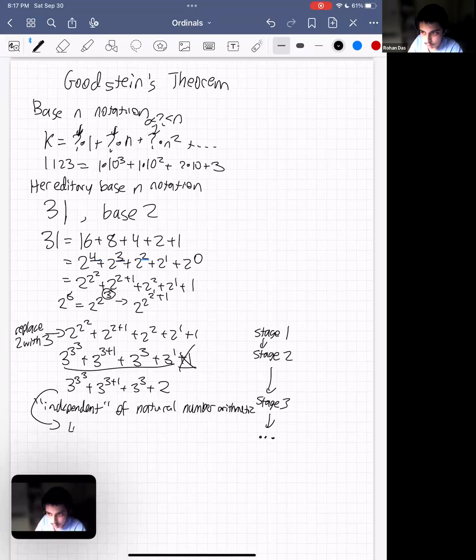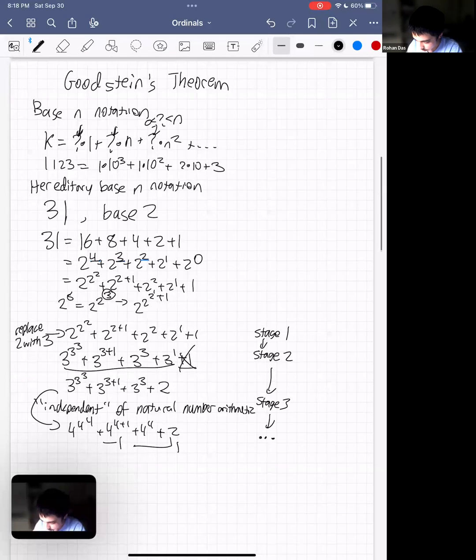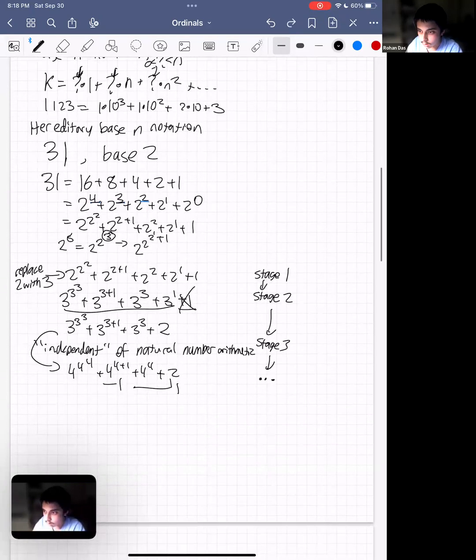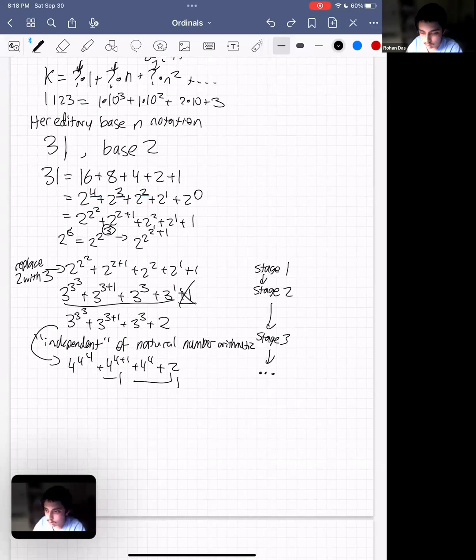So you get 4 to the 4 to the 4 plus 4 to the 4 plus 1 plus 4 to the 4 plus 2. And then you have to subtract 1 from this, which will turn the 2 into a 1. So when you go from stage 2, for example, to stage 3, you're only replacing the 3's with 4's. Is that clear? Or, okay.